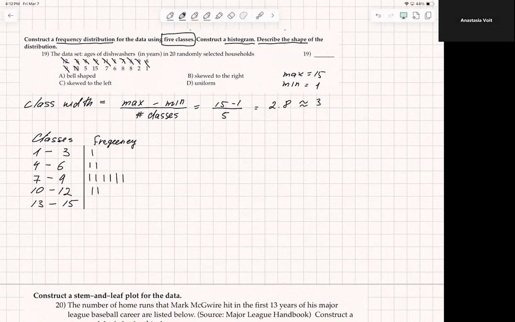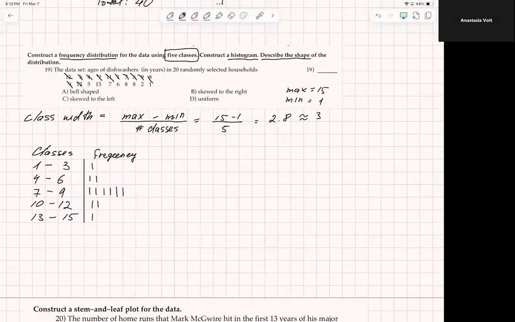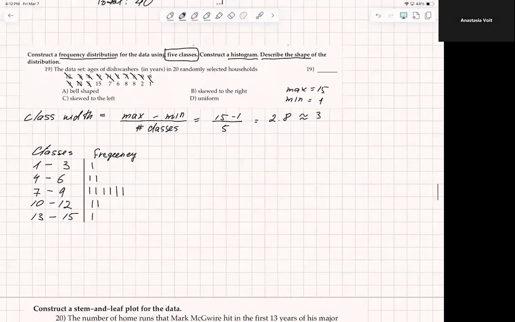We have 13. It's the last class. 5 goes to the second class, 15 goes to the last class, 7 goes to the third class, 6 goes to the second class, 8 twice goes to the third class again, 2 goes to the first class, and 1 goes to the first class.